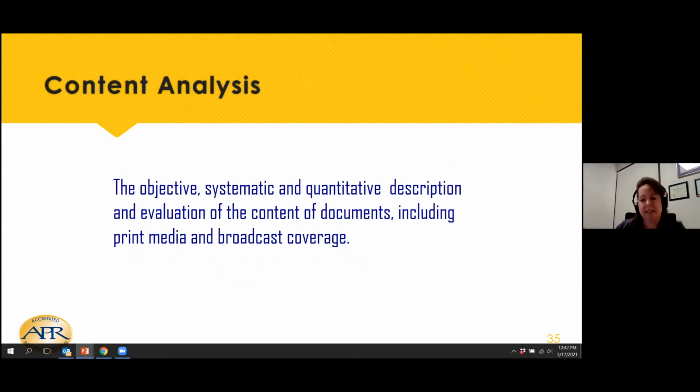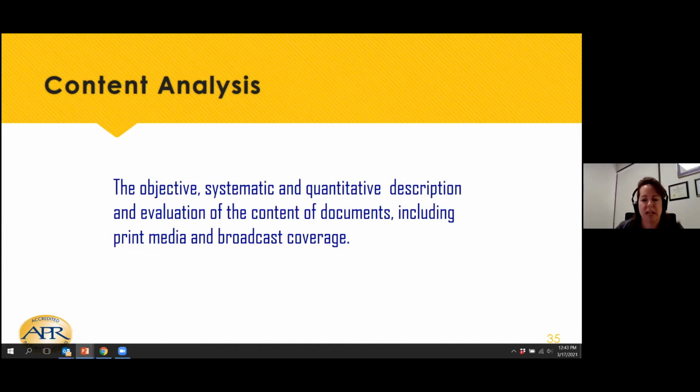So now we're moving on to something else entirely. These are different types of research that we're going to discuss. What the APR study guide refers to as content analysis is a formal version of content analysis where you are doing objective, systematic, and quantitative description and evaluation of the content of documents, including print media and broadcast coverage.